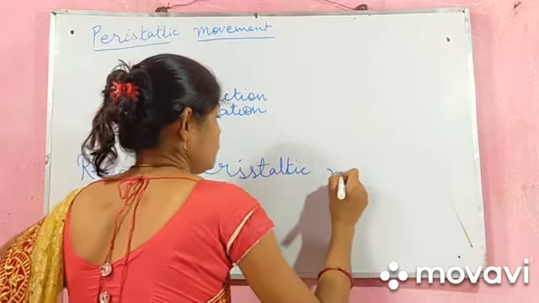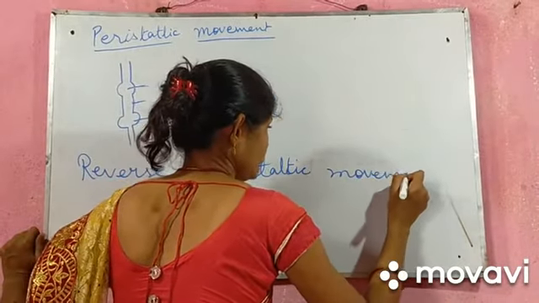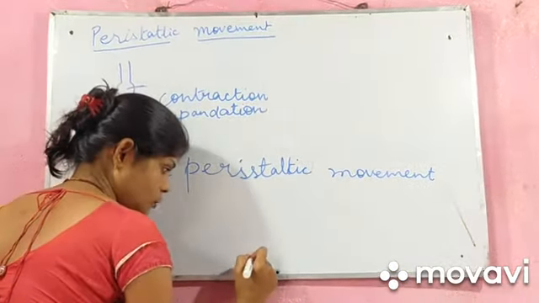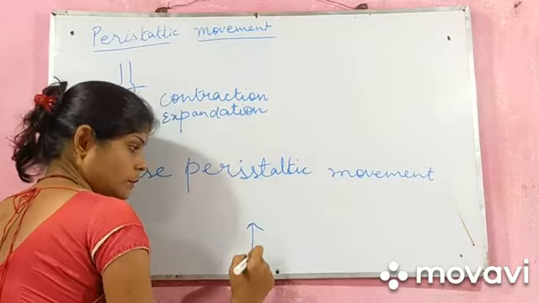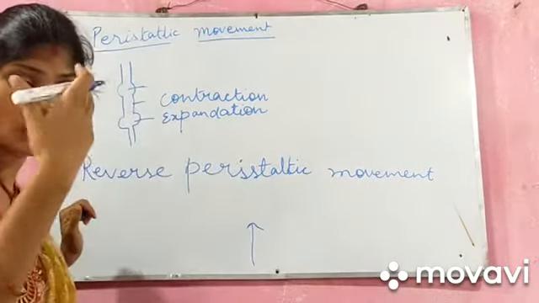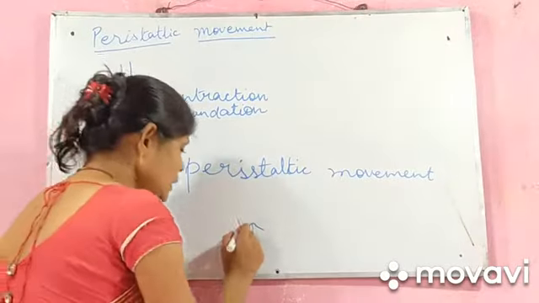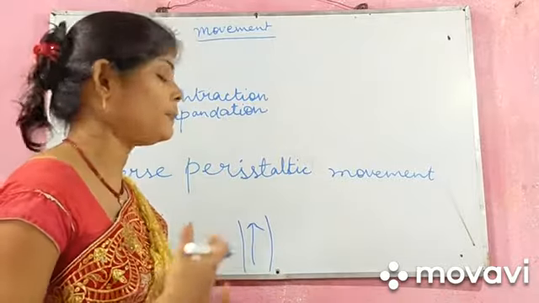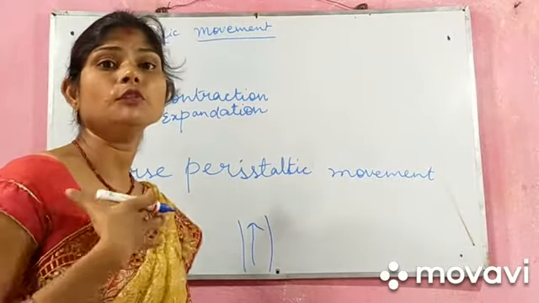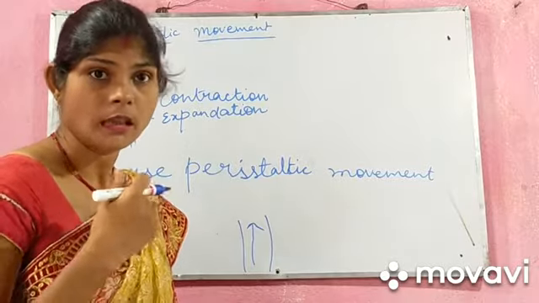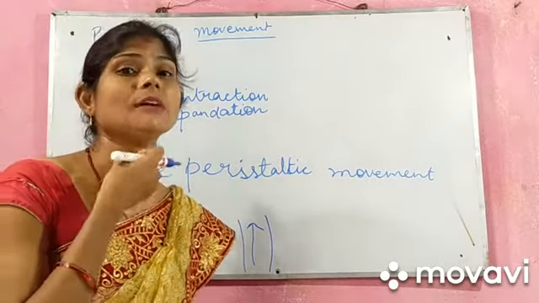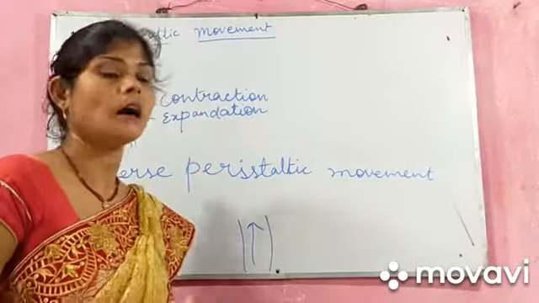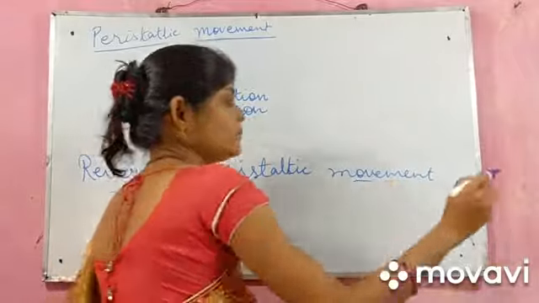Why reverse? Now the food particle has to come in the upward direction from the stomach and be eliminated through our mouth. So a large amount of energy is required. That's why we sometimes feel pain in our chest region and rashes in our throat region, because food is coming up in a huge amount directly through our mouth. This is also called reverse peristaltic movement.